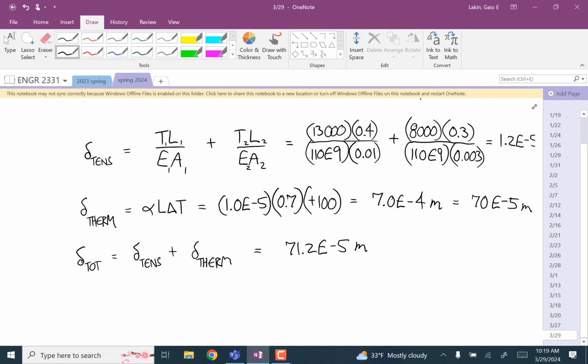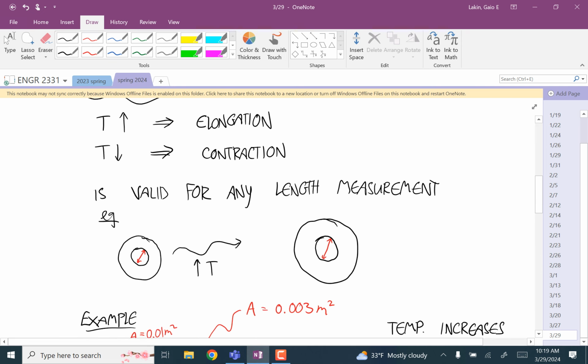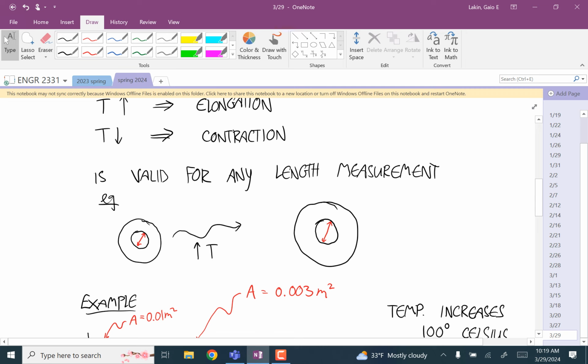So for thermal expansion, you can use that formula, not the one for tension, but the one for thermal expansion. You can use that for any length measurement you want. So if you wanted to calculate the change in the perimeter, the L you put into that formula could be the starting perimeter of the thing, and it'll give you the right change in perimeter length. Measure from any two points.